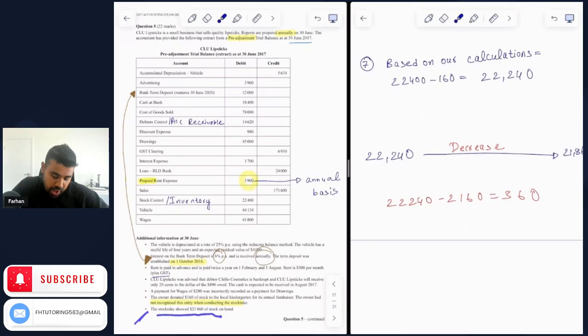And if you recall point number 6, that clearly mentioned that the owner forgot to record the fact that $160 of inventory was donated as well.